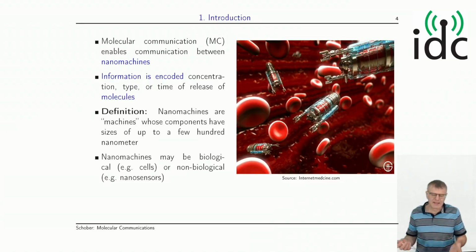And this is exactly a scenario where molecular communication could be helpful, where the information might be embedded in the release of molecules, and this may help these nanosensors to carry out their tasks. Of course, this is a very futuristic concept that may take many, many years to realize, and there are many steps that we have to take in between, but this sort of gives you the long-term goal of part of this research.